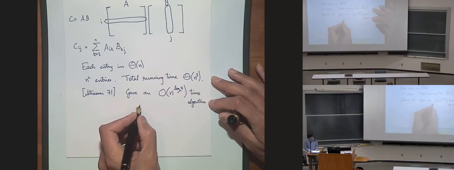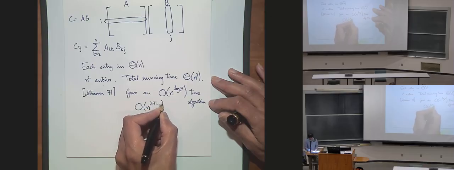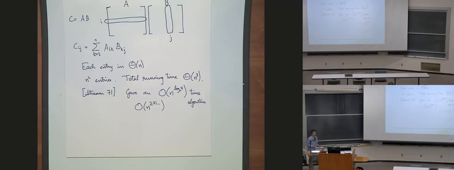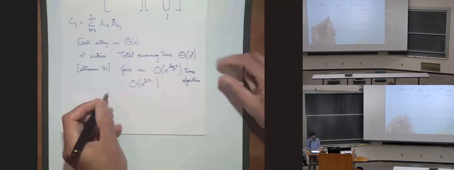Roughly speaking, this is O of n to the 2.81. People have implemented Strassen, and there are lots of issues in implementing it, but it can be better. And the way this is done is, again, a sort of divide and conquer.